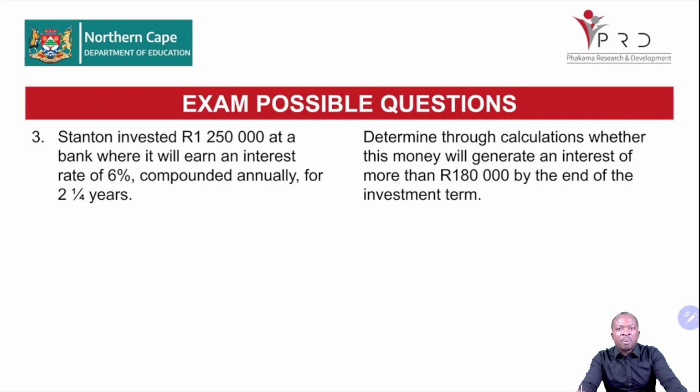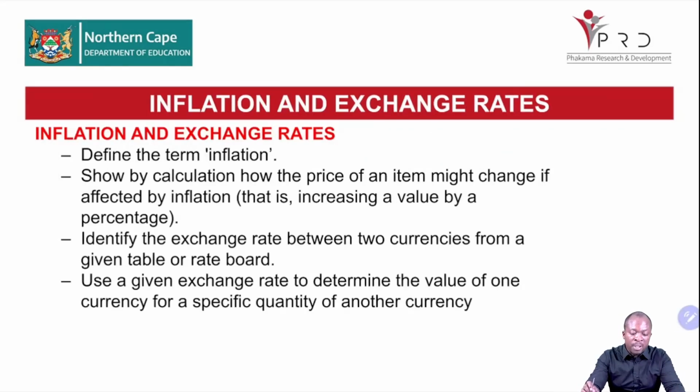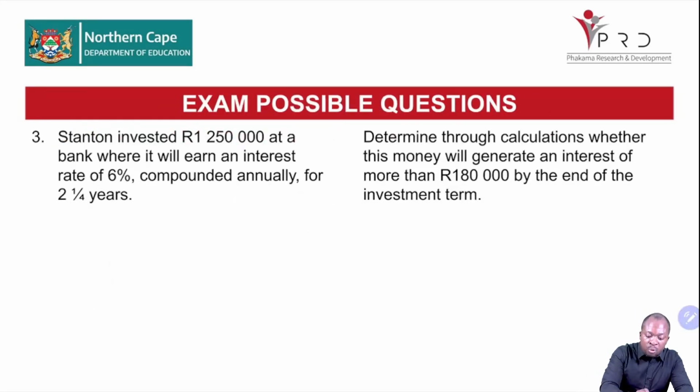Stanton invested 1,250,000 at a bank where it will earn an interest rate of 6% compounded annually for 2.25 years. Annually means the whole year. We get the interest once. Determine through calculations whether this money will generate an interest of more than 180,000 by the end of the investment period. One thing that you need to take note of is this 2.25 years.